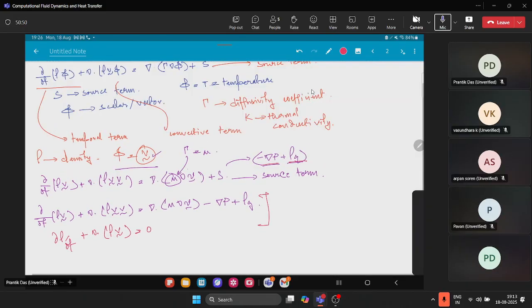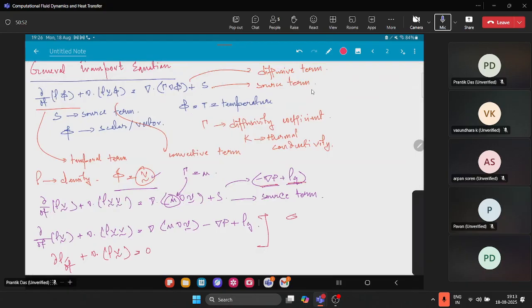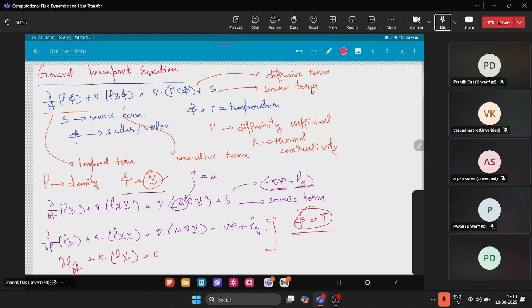What I am going to do as of now is consider phi to be equal to the temperature, which is a scalar field, and put the temperature right here, and then I get the heat conduction equation. What we discussed previously was that there are different ways of dealing with this equation.